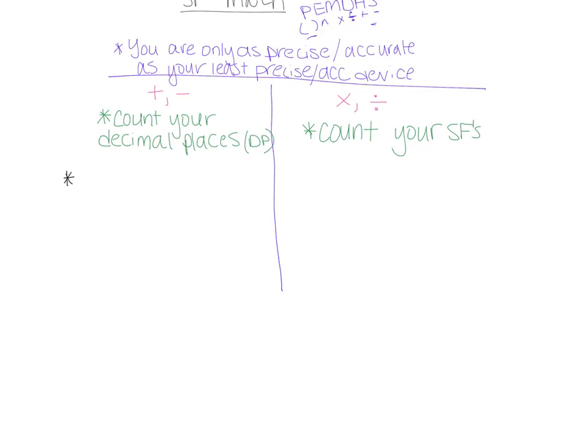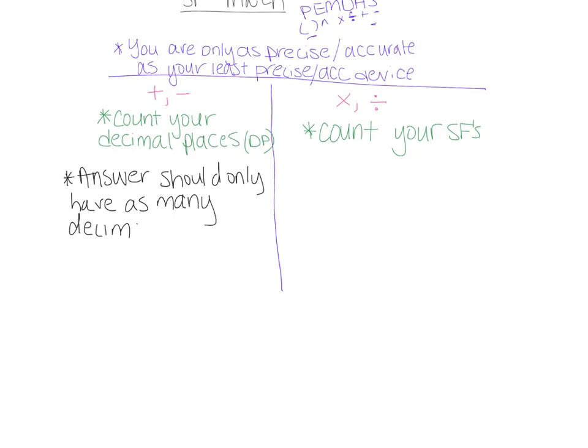So what that means, on your addition and subtraction, your answer should only have as many decimal places as your number with the least, or as the one with the least.